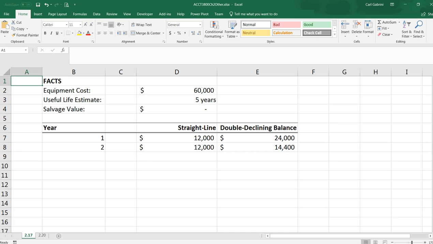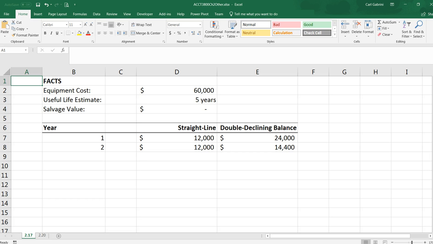The useful life estimate, and this is usually based on some schedule that management puts together, is 5 years. In this case, they estimate the salvage value at 0. So sometimes there can actually be an amount listed there as salvage value. It depends again on management's judgment.